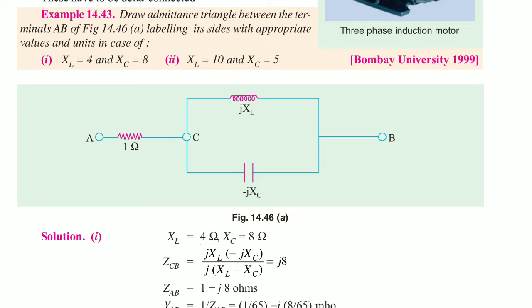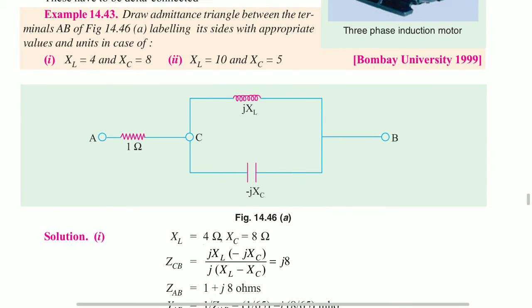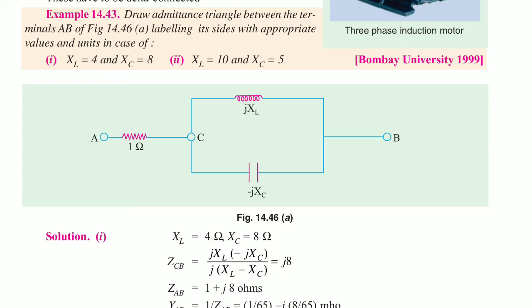What they are given here: in the first case, XL is equal to 4 ohms and XC is equal to 8 ohms, and in the second case, XL is equal to 10 ohms and XC is equal to 5 ohms. Observe this one.